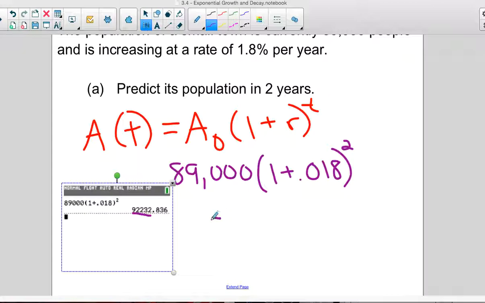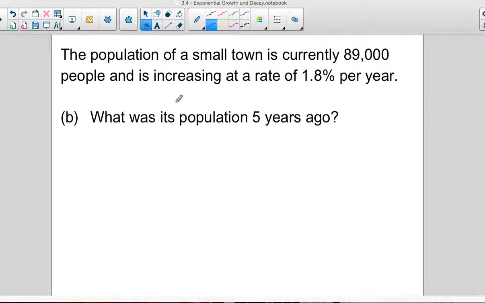So we want to keep our answer at 92,232 people. That's one of the examples where you don't want to round to the nearest. If you round to the nearest, it would be 233, but if it's a growing population, you don't want to round to the nearest because that person hasn't been born yet. Same thing if it was the amount of bacteria. If the bacteria hasn't been created yet, round down. With money and most things you just round to the nearest, but this is an example where you want to round down.